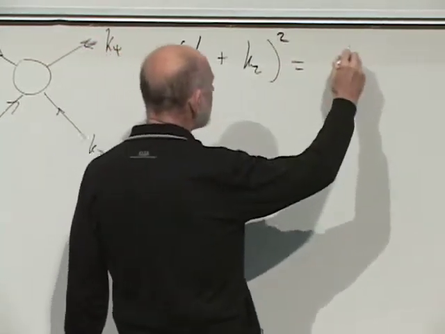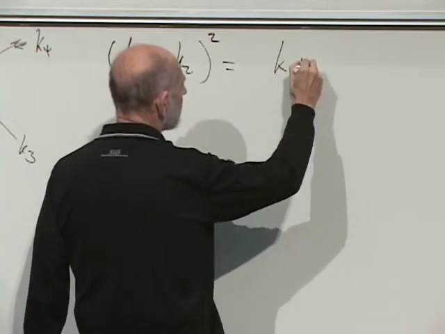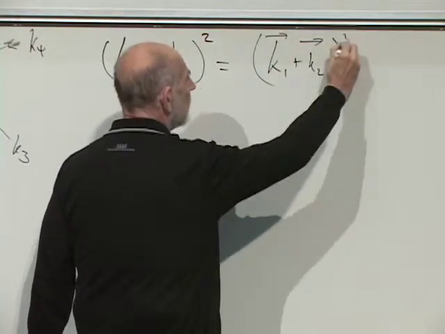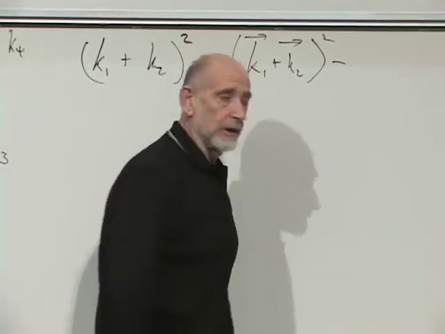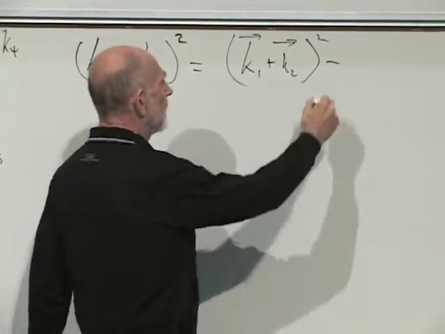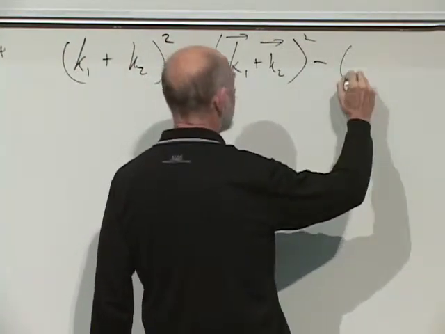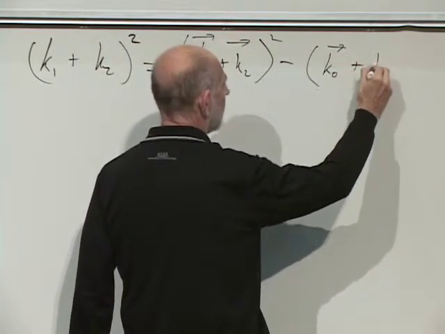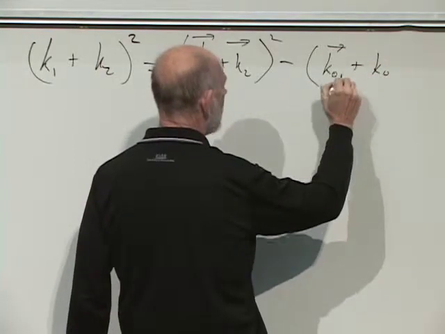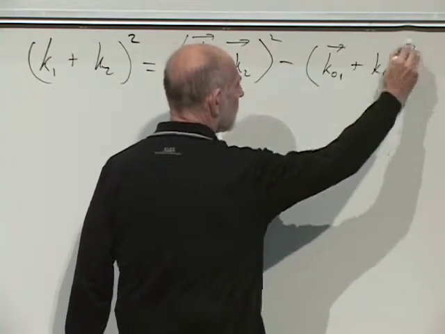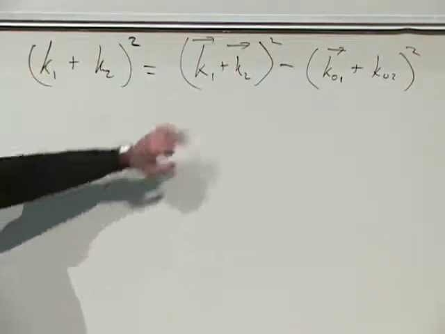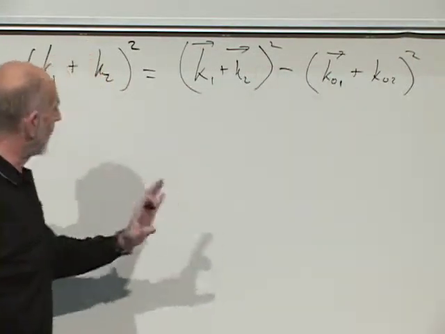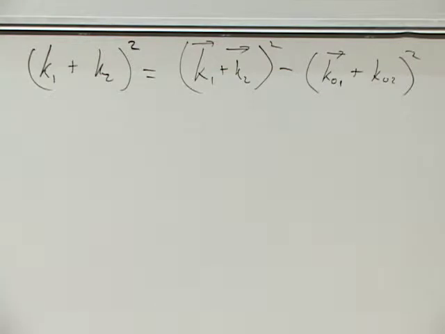That means the space components of K1 plus K2, which I'll label with arrows, squared, minus the time component, which means the energies. Let's label them. K0 means energy. K01 plus K02, squared. You sum the momenta, square it. You sum the energies, square it, and subtract. And that's called (K1 plus K2) squared.